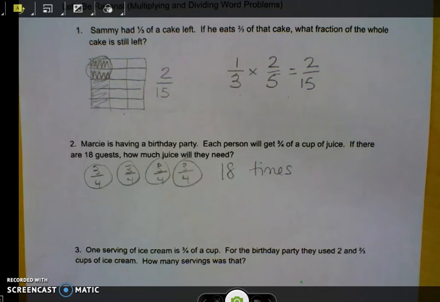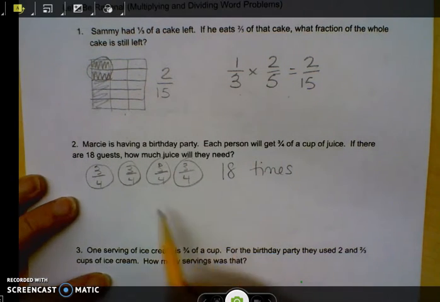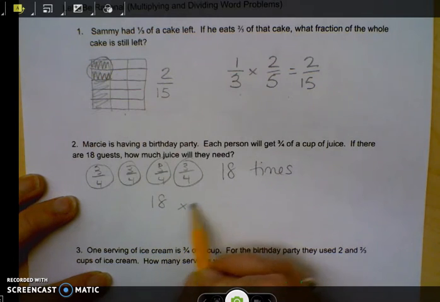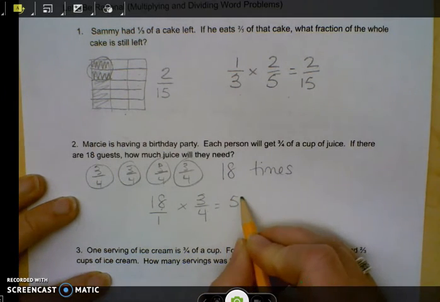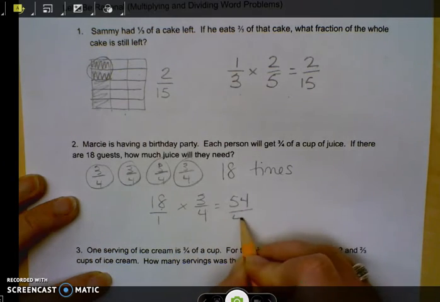So instead of drawing out that extensive model, I'm going to take 18 times 3/4, because there's 18 people. Each person is getting 3/4 of a cup. I'm going to do that multiplication. 18 times 3 is 54, and 1 times 4 is 4.